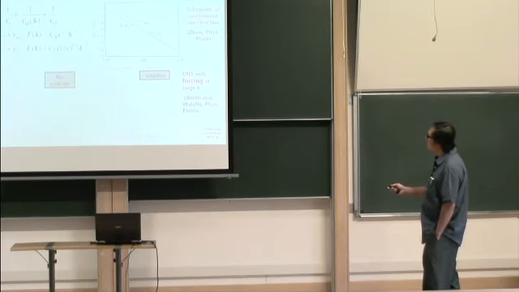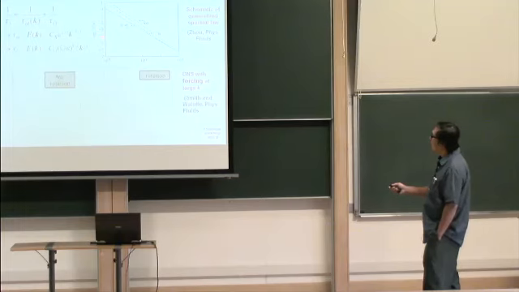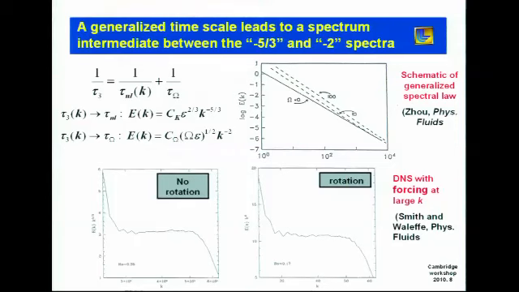So this basically illustrates the energy spectrum. You can have no rotation, which is the minus 5/3, or if you have a strong rotation, you go to the minus 2. You can see this from direct numerical simulations. Again, it's a little bit hard to see, but this is a compensated energy spectrum.